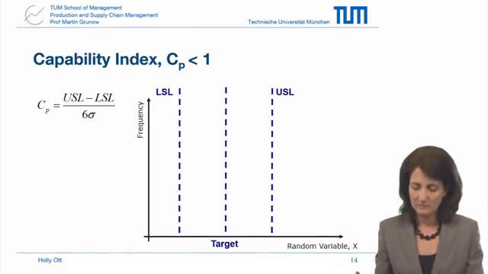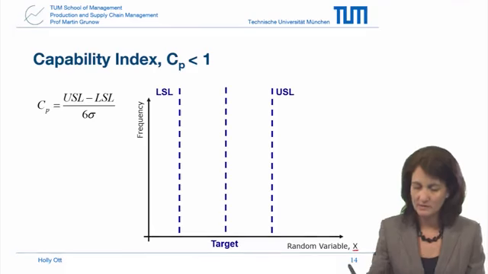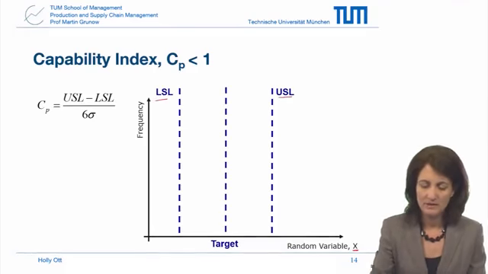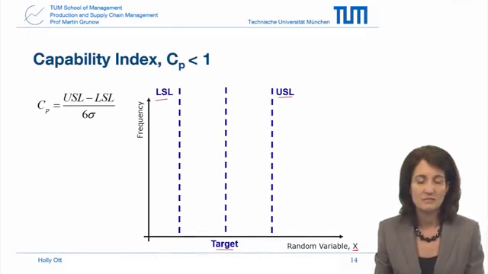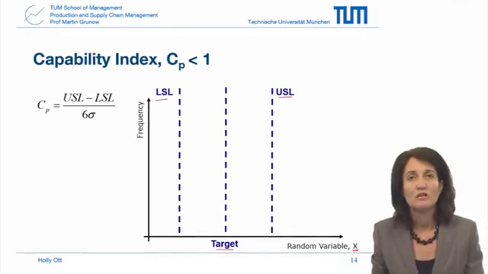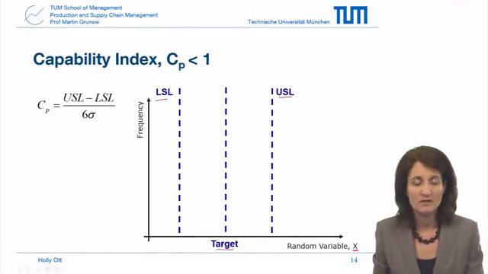Okay, so here we have our random variable x, upper spec limit, lower spec limit, and the target in the center. CP is equal to upper spec limit minus lower spec limit over 6 sigma.